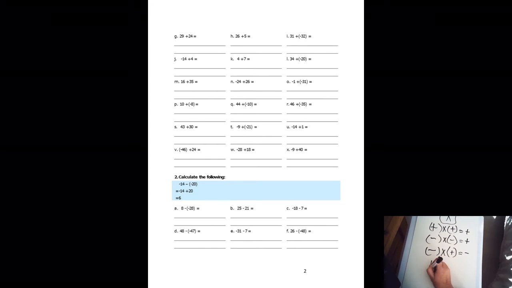If I multiply positive with negative, I end up with negative. So do you see there are two positives? Positive times positive gives me that. Negative times negative gives me this, the same as that. Negative times positive, negative. Positive times negative, negative. Only multiplication. Now, if any of these sums for your homework today have multiplication as part of the sum, make sure that you do that part first.